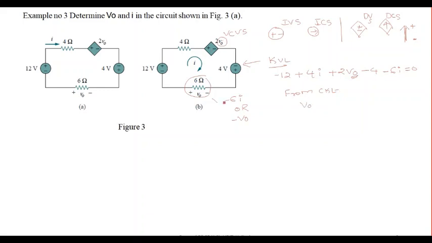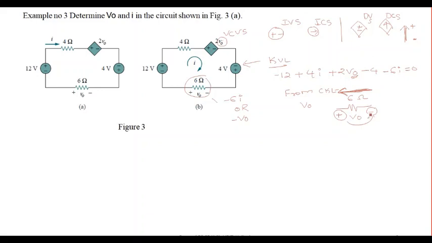What is V0? V0 is the voltage drop across the 6 ohm resistor. If you consider this 6 ohm resistor, what are the polarities already mentioned? Plus and minus, right? How is the current flowing? Current is flowing in this direction. But according to passive sign convention, current should flow from higher potential to lower potential. So it is flowing in the opposite direction.